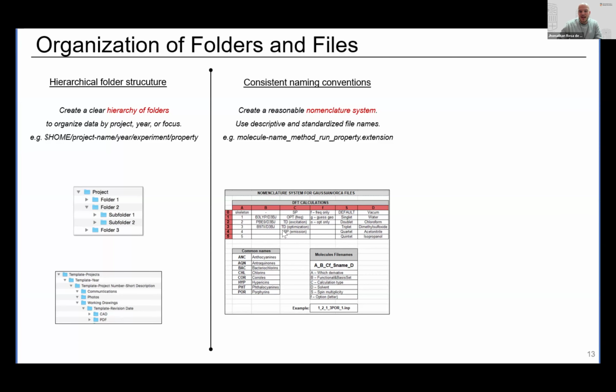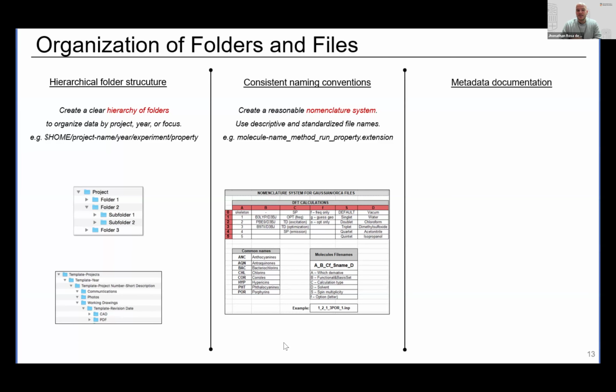If in position B I put a number, for example number 1, it's going to mean another thing. So with this, you can create a nomenclature system that is easy to identify. For example, in the name here, you have an abbreviation for the compound name, as is shown here. So this also is helpful when you organize your files.